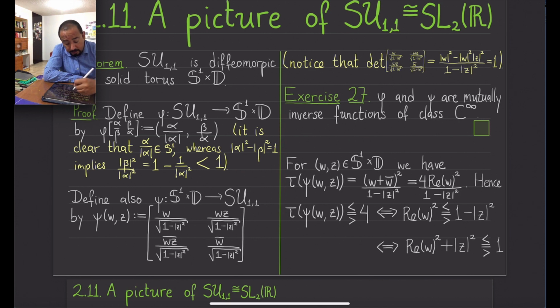So the Möbius trace of the matrix that corresponds to this point is either elliptic, parabolic, or hyperbolic if and only if, well, you have to compare it with 4, right? So you compare it with 4, and then these 4 and the other 4, you can cancel them, and then you obtain this, right? If and only if this happens.